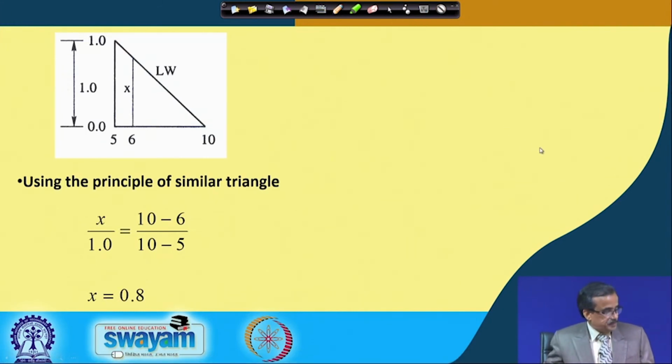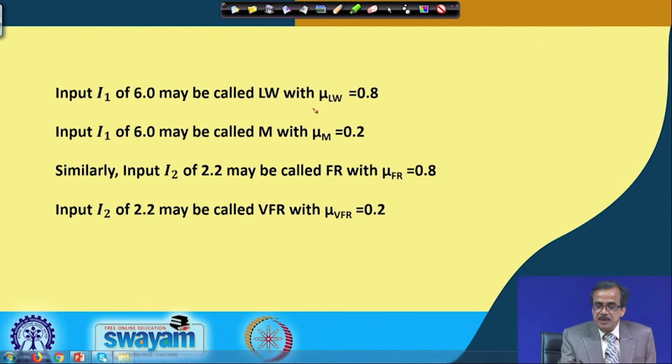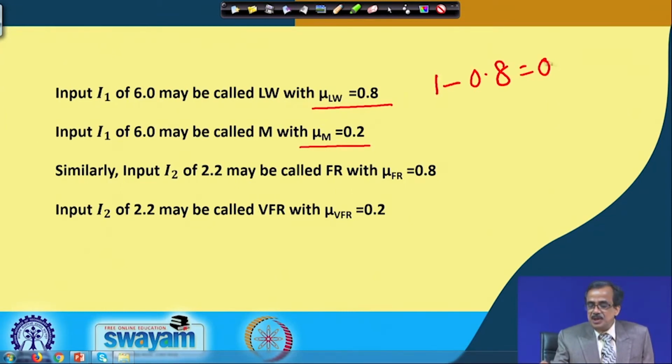So, this input I 1 of 6.0 may be called low with membership value 0.8, and the same input I 1 equal to 6.0 may be called medium with the membership value of 0.2, that is nothing but 1 minus 0.8, which equals 0.2.